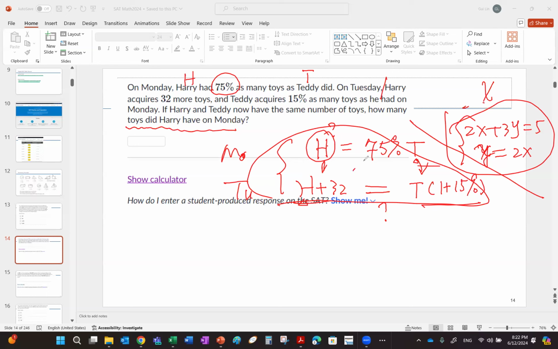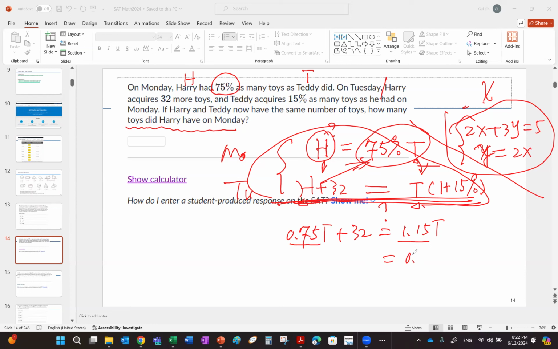So H would be 0.75T plus 32. We substitute H with this part in the second equation, so here it becomes 1.15T. Doing some solution here, 1.15T minus 0.75T equals 32, so T equals 32 divided by 0.4, so you get 80, right?